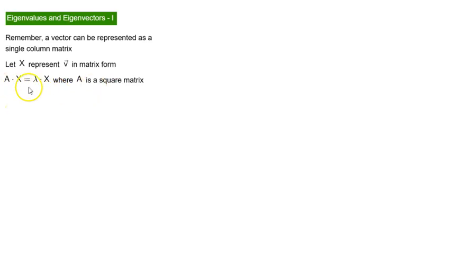So here we have a lambda eigenvalue such that A times X, the transformation matrix times the vector, is equal to the vector scaled by lambda. Now this can be written as AX minus lambda X equal to the zero matrix.